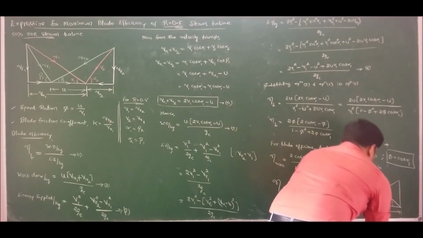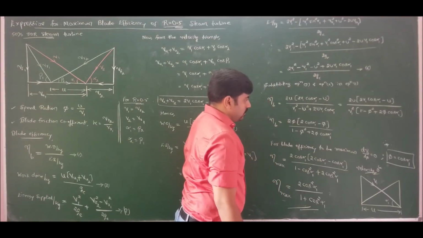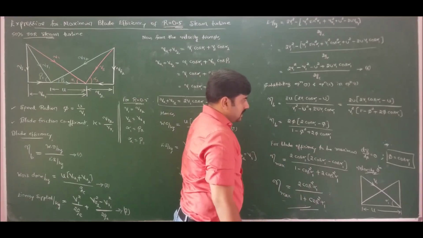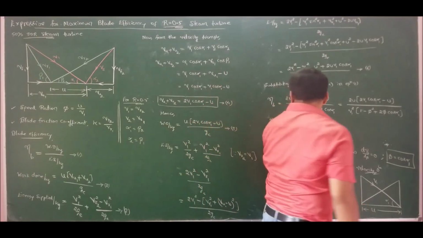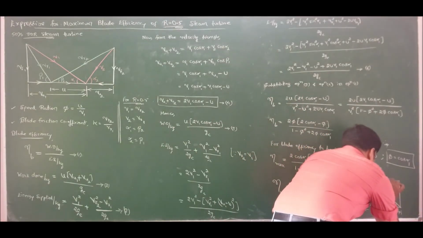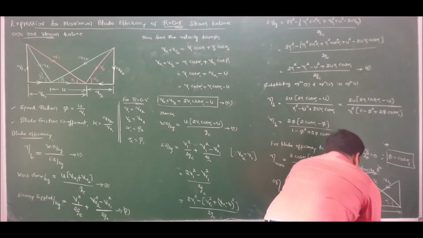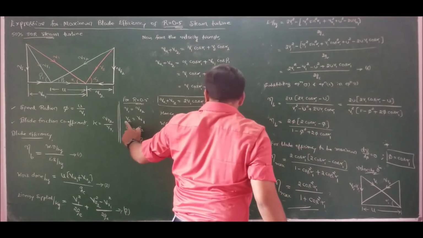Here I have alpha 1. So phi is equal to cos alpha 1. Cos alpha 1 is U by V1. Phi is equal to cos alpha 1 is satisfied. So now V1 should be equal to VR2. So this will become VR2. Here I left out with VR1, that is VF1 is equal to VR1.